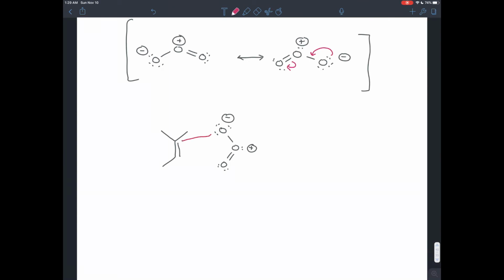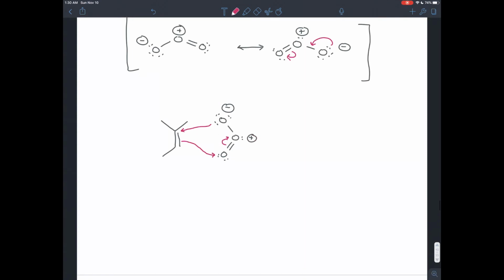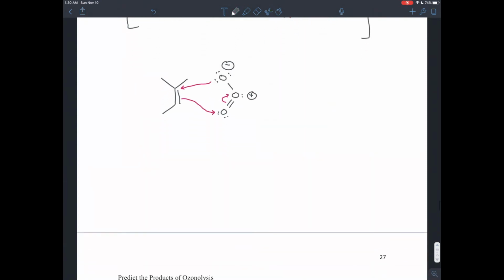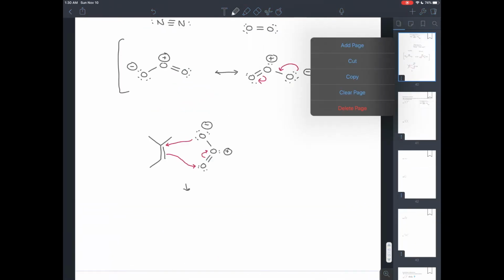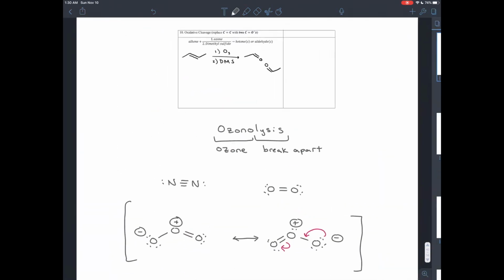You have a push where this wants to attack something, and you have a pull where these electrons want to stabilize that positive charge. To make all those things happen, the pi electrons in the alkene attack this oxygen. So as these move, they make room for the incoming electrons, and they allow the outgoing electrons to stabilize the positive charge. And that creates an intermediate called an ozonide.